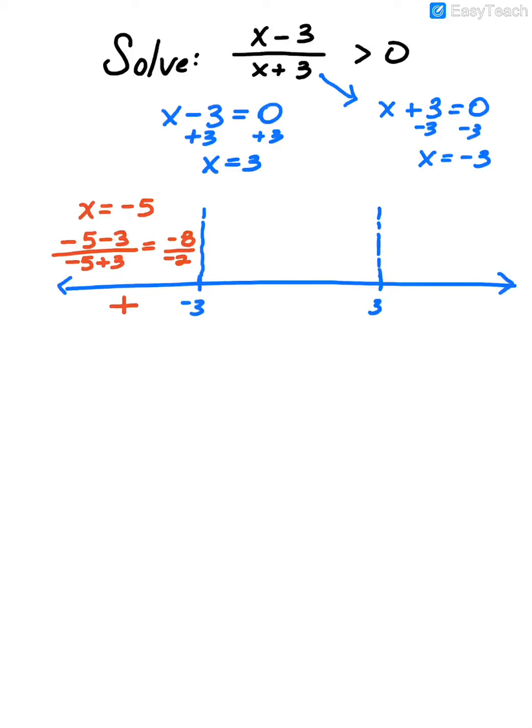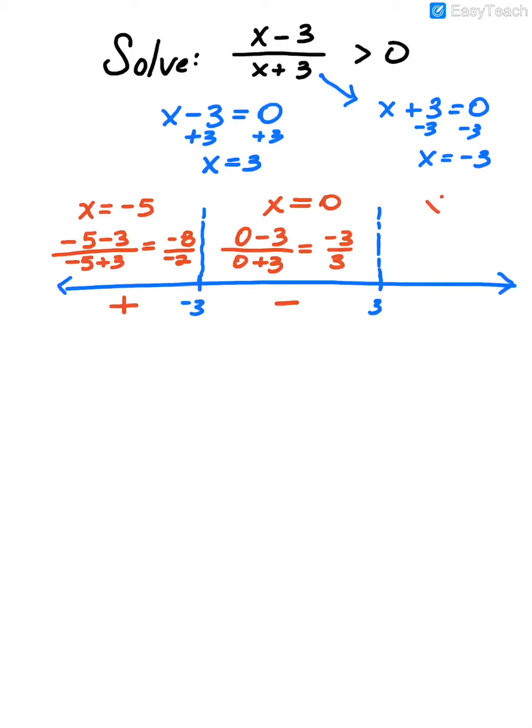So in between -3 and 3, I'll use a test point. Again, it doesn't matter. I like 0 since it's easy to plug in. So I evaluate 0 minus 3 divided by 0 plus 3, and that gives me -3 over 3. Bottom line is I get a negative value.